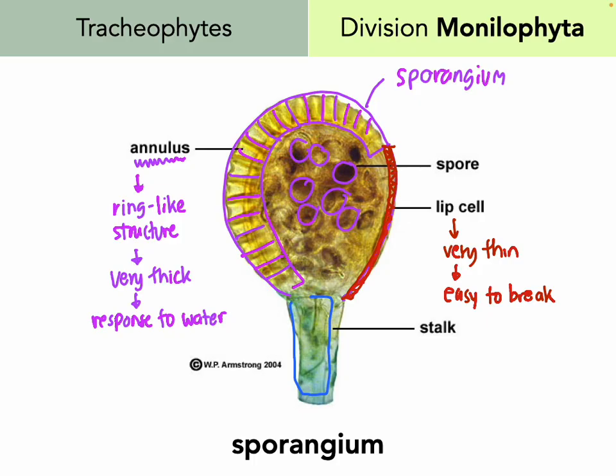This part is really thick, and when it gets water, it changes shape and contracts, and releases the spore. This part contracts and breaks open. So this is how you release a spore.